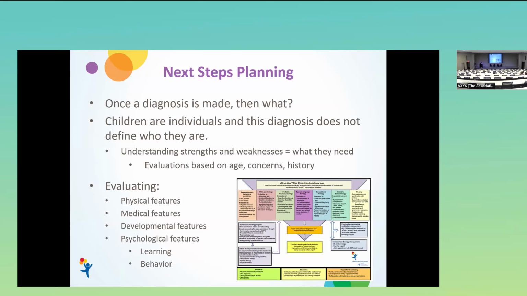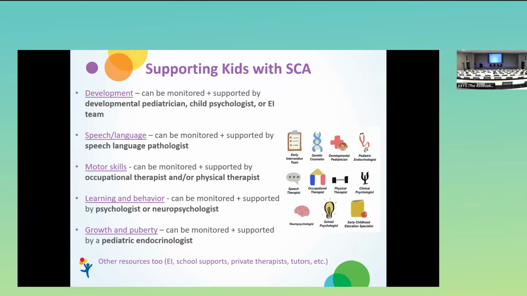The picture is to demonstrate from a publication that we did more than a decade ago, but really describing in all of the colored columns the various disciplines that we have as part of our team. But commonly when we're supporting kids who have these conditions, as far as development and wanting to evaluate development, this can be done with a developmental pediatrician or a child psychologist or early intervention team. When we want to evaluate speech and language, with a speech pathologist.